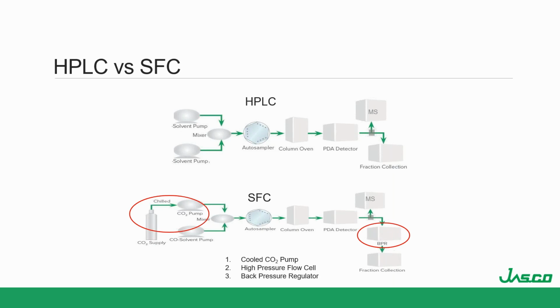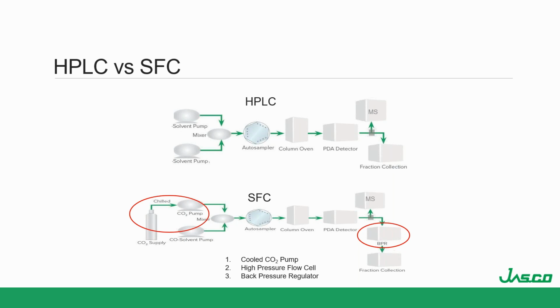SFC sort of introduces a few new modules, and there's some differences. So first, you start off with a CO2 supply. So instead of a solvent, in pump A, you would start off with a CO2 supply. This is liquid CO2. We chill it. We bring it into the pump heads chilled to make sure its density is as close to 1 as we can get it. This way, we are actually pumping what we say we pump, because CO2 at higher temperatures, the density will vary greatly.